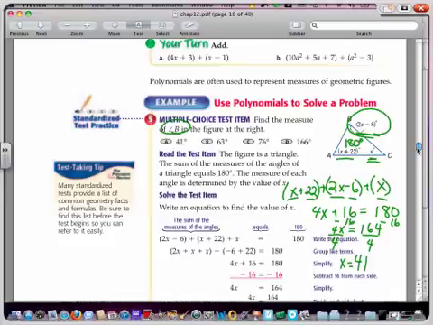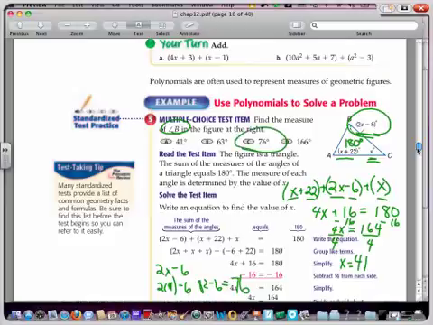So the question was, what's B? Well, B was 2x minus 6, and if x is 41, it would be 2 times 41 minus 6. 82 minus 6 equals 76, if I do my math right.